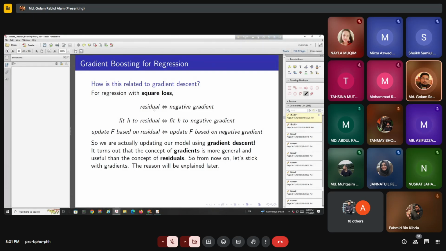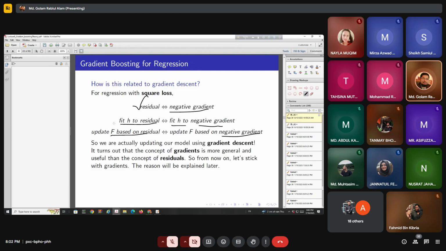Similarly, fit h to residual means fit h to the negative gradient; it is the same case. And update F based on the residual means update F based on the negative gradient, because the residual is our negative gradient.